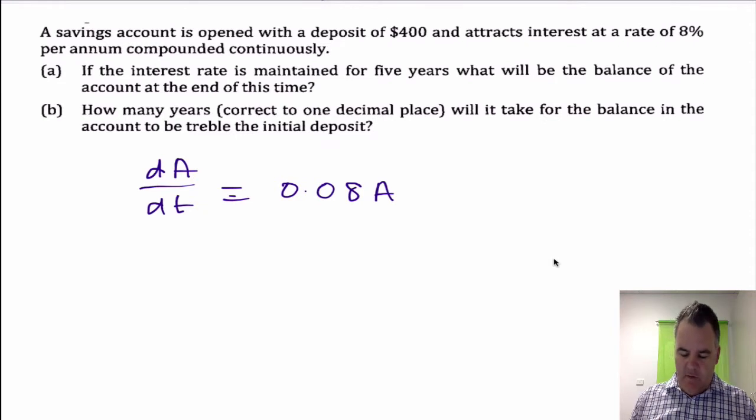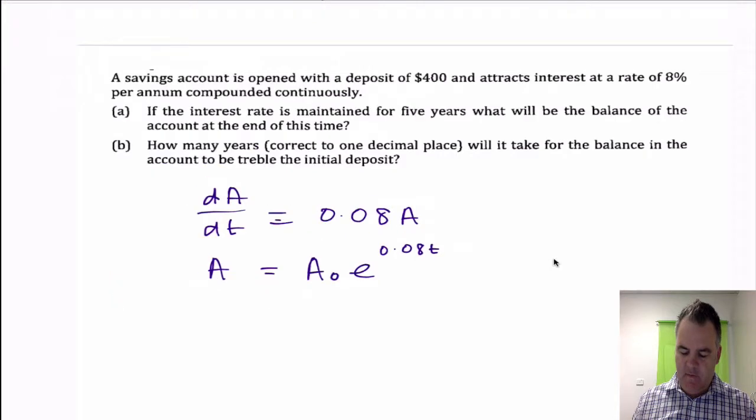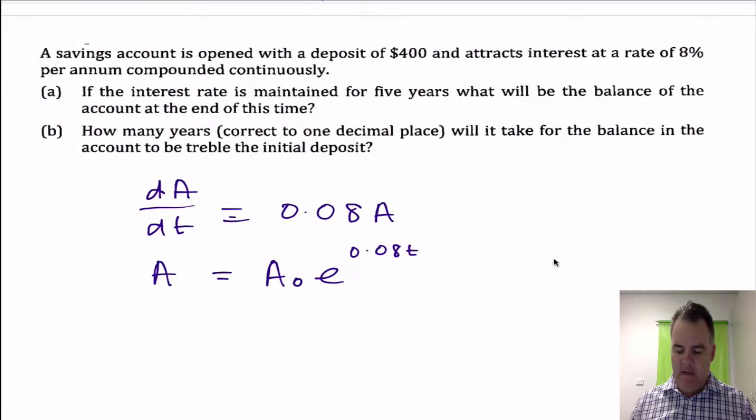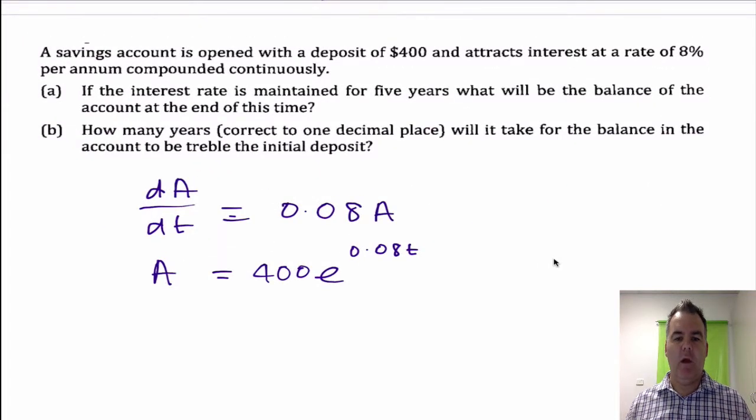So that means the amount of money is A naught, the initial amount, e to the 0.08t. And here the initial amount is $400. So when t is equal to 0, A is equal to 400. So we could just put that in there. So then we come up with an equation.